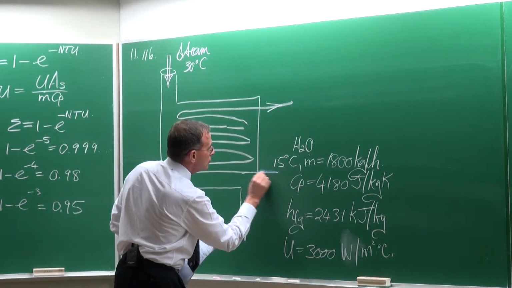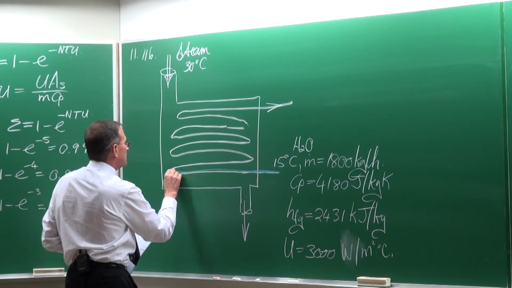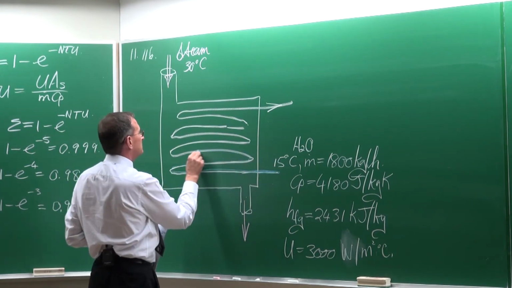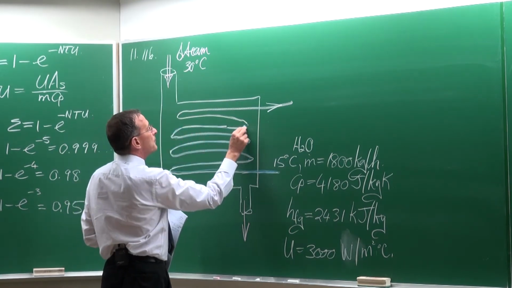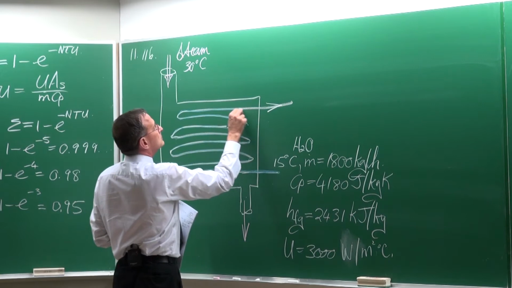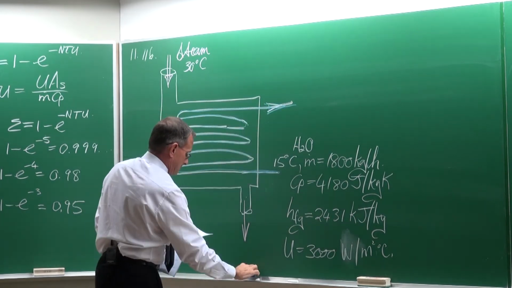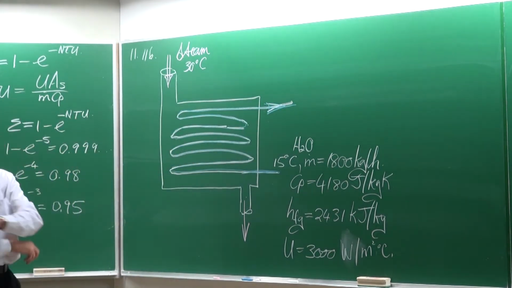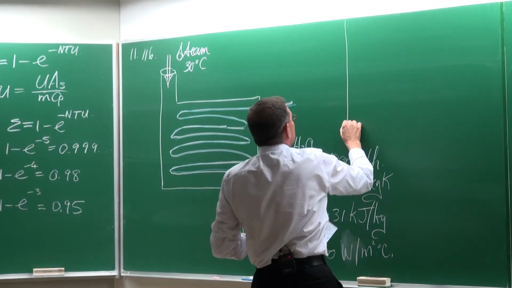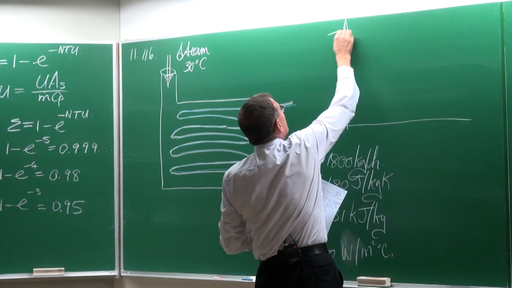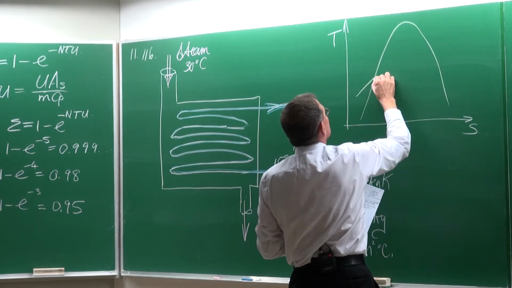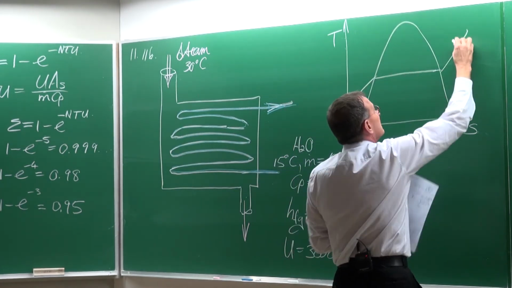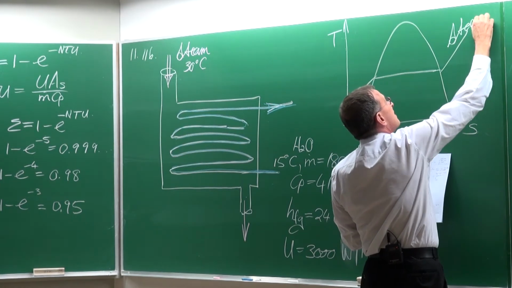Okay, so this blue is the colder side. So we are using the water to condense the steam. So in terms of a TS diagram, this is the steam.